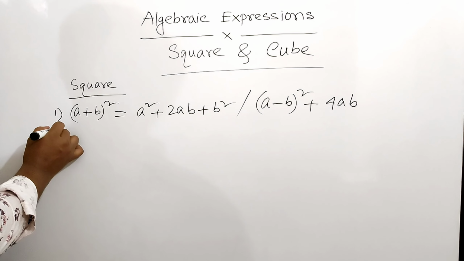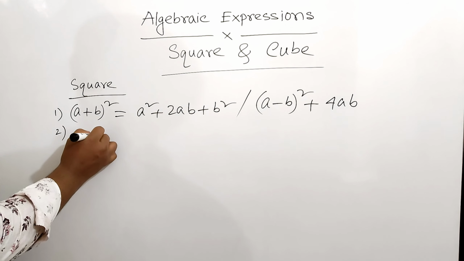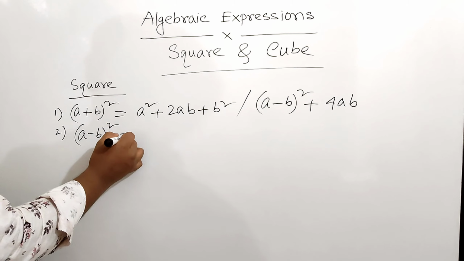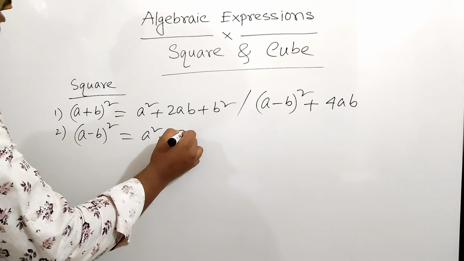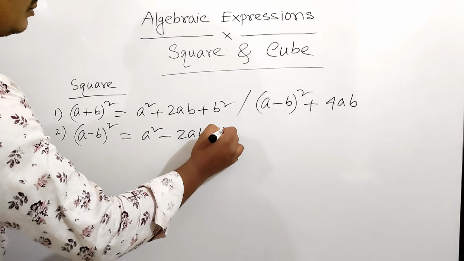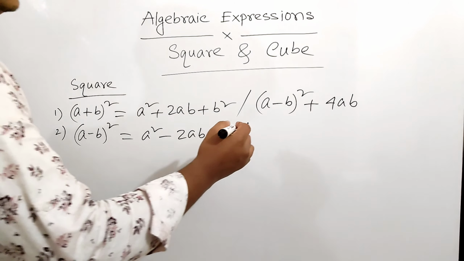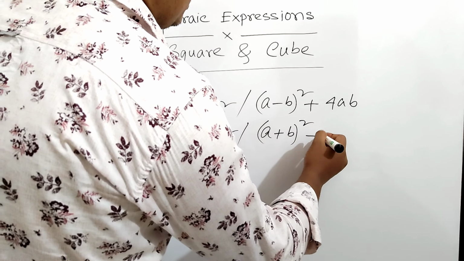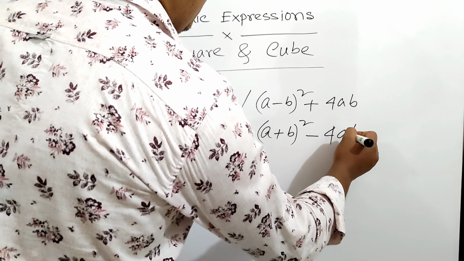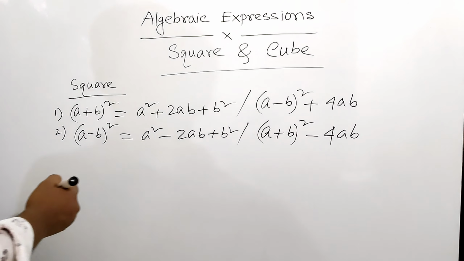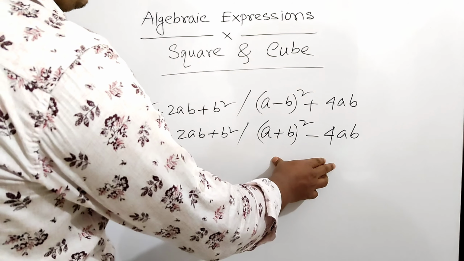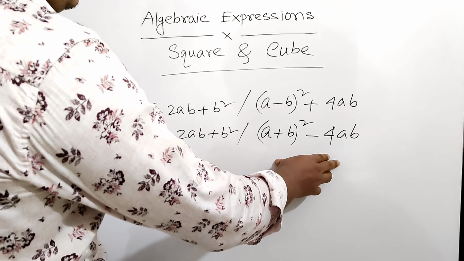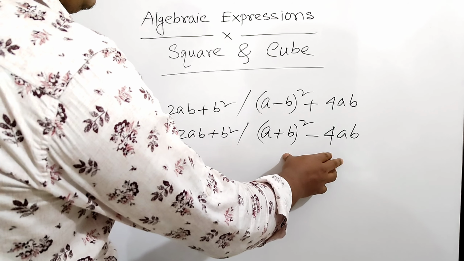Number two, that is a minus b whole square. The formula is a square minus 2ab plus b square, or you can use a plus b whole square minus 4ab. So keep in mind this alternate formula will be used for finding the value of a given expression.